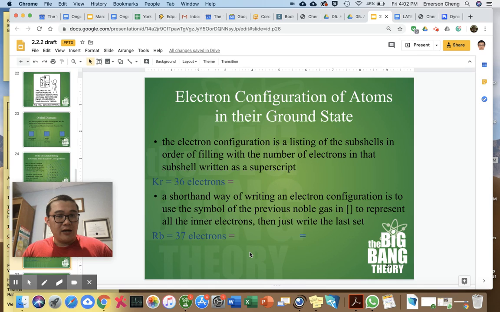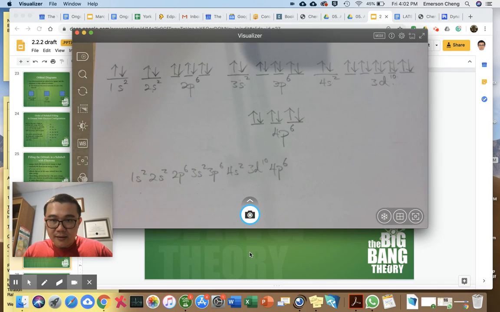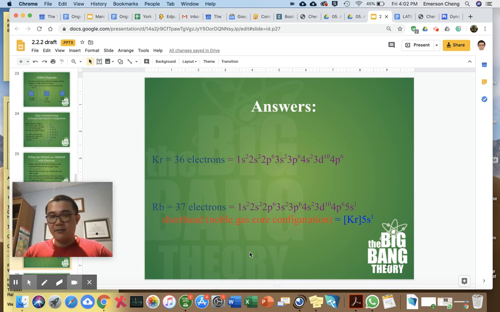Okay, so let's check our answers. Was I correct? Yep, I am correct. And the rubidium one, if you draw it all out, it looks like this. And then for the shorthand version, you just show the previous noble gas configuration and whatever shell follows.